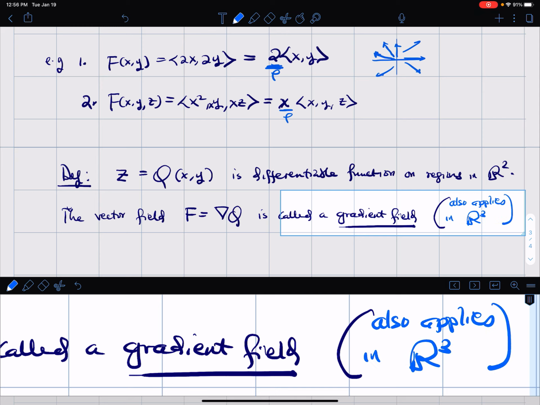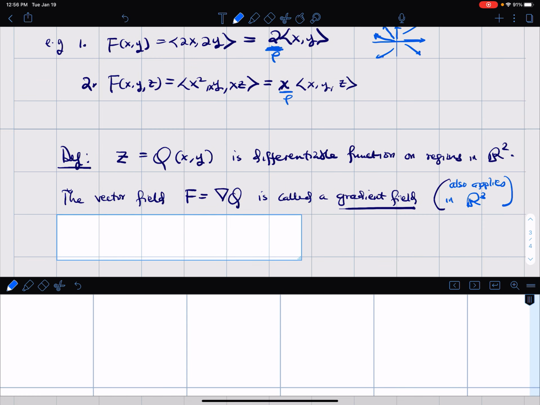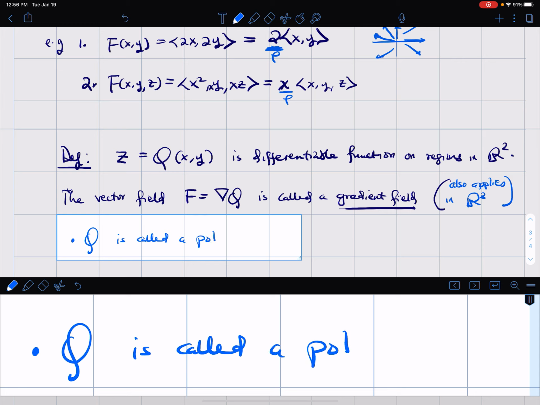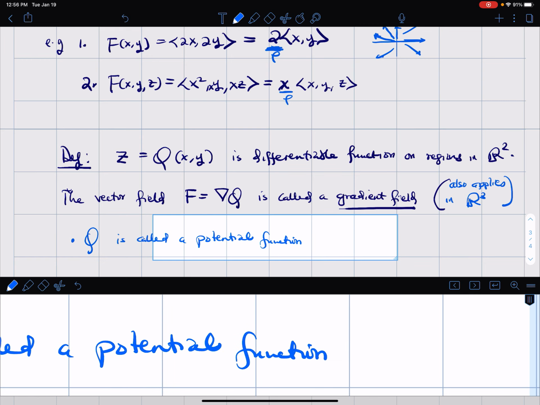Okay, a few things. The function phi is called a potential function for F, capital F.